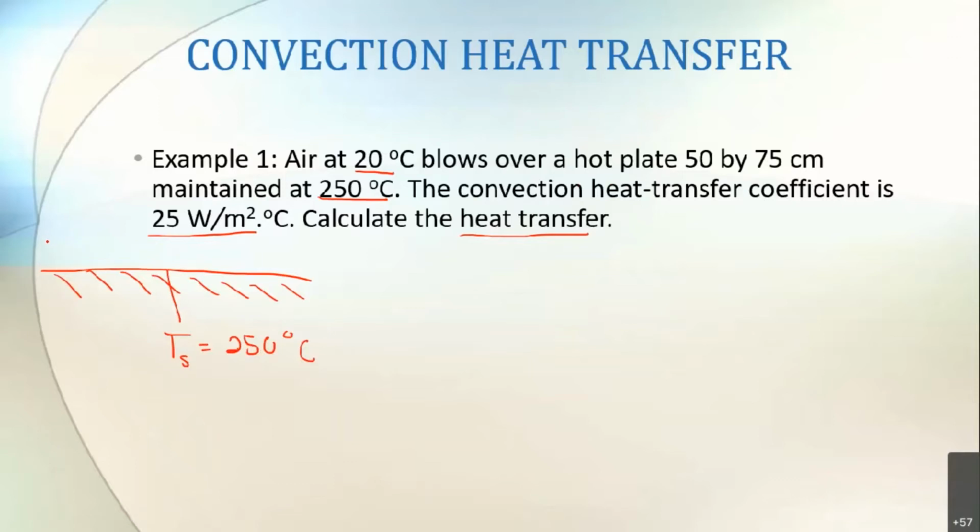Then we have air at 20 degrees Celsius. Let's say this is your airflow. Air is our fluid, so Tf is equal to 20 degrees Celsius. It's flowing, and we know the heat transfer coefficient, the value of h.